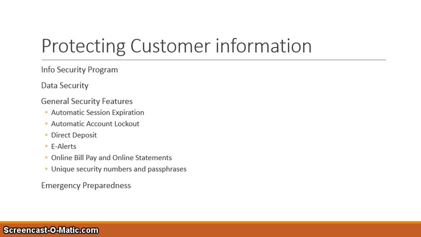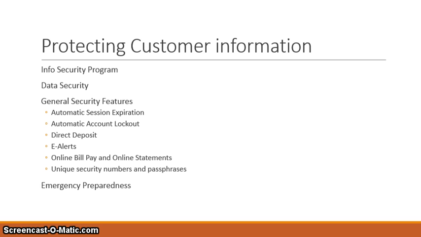Things like direct deposit and e-alerts, online bill pay, and online statements make managing your account's activities easier and allow you to be on top of it a little bit more. And there's other things about unique security numbers and passphrases. The banks try to use those to insulate risk and to stay on top of potential problems.